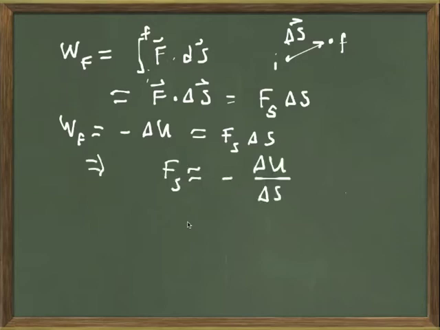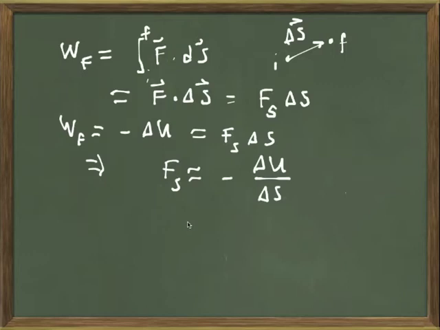So from that, I can say that the component of that conservative force along the direction S should be approximately equal to the negative of the change in the potential energy divided by the distance along that direction. So if I evaluate the potential energy here and I get a number, and I evaluate the potential energy here, I take the difference, right? I divide it by delta S with a minus sign.